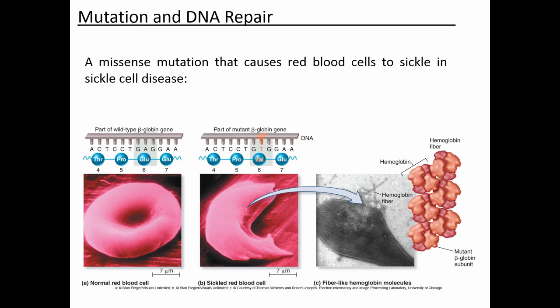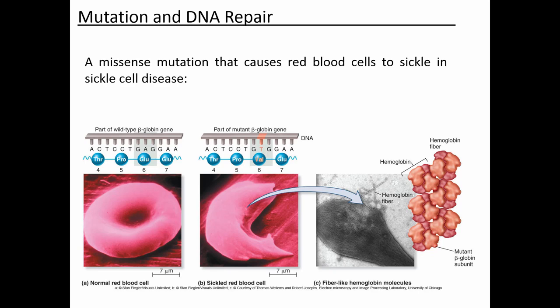And you don't need to know this part that I'm going to tell you, but what happens is when you have this missense mutation, it ends up causing the protein that it codes for to clump together inside the cell. That clumping causes the red blood cells to sickle, and it decreases their ability to carry oxygen.